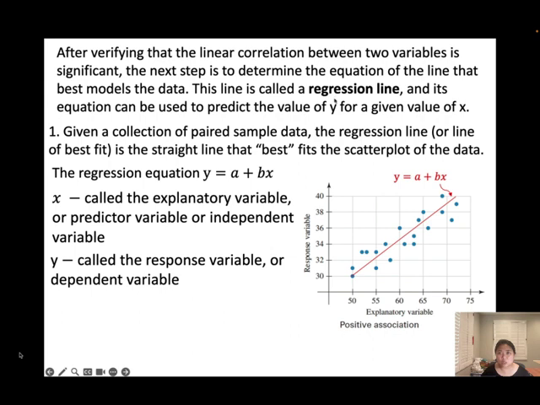This line is called a regression line, and its equation can be used to predict the value of y for a given value of x. Why is x called the independent variable? Because most of the time they will give us the x, and then we use the regression equation to find your y. And that's why y is called the dependent variable. One more time, a is the y-intercept and b is the slope.